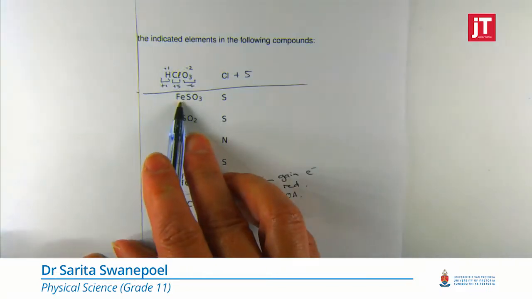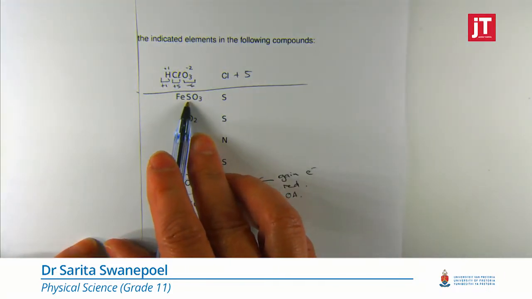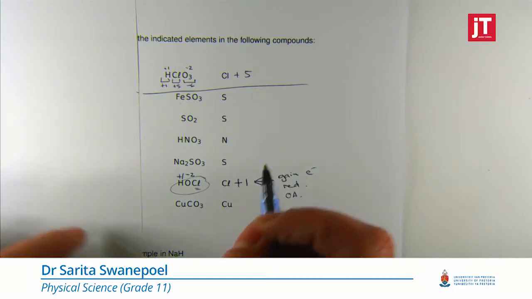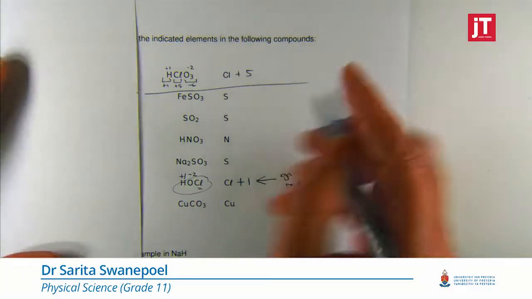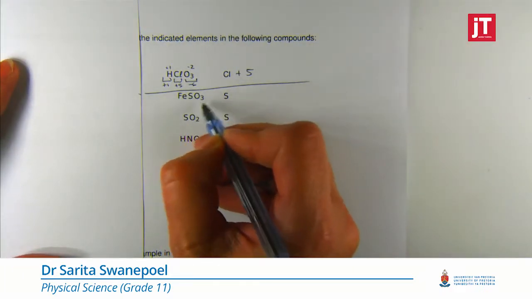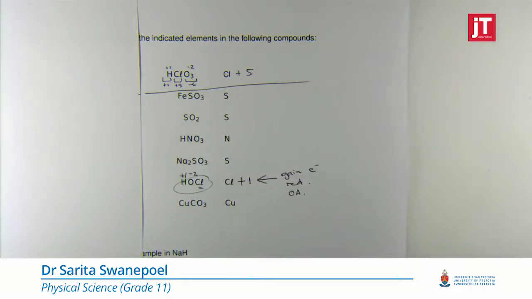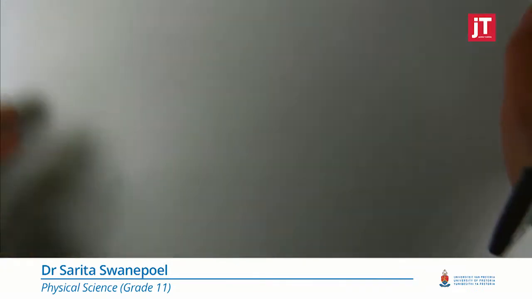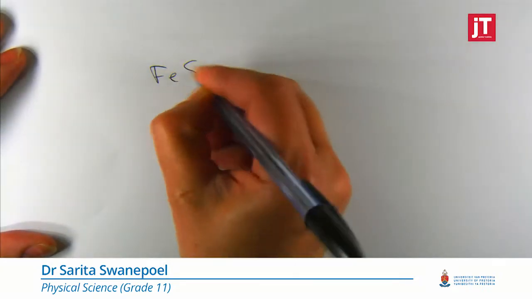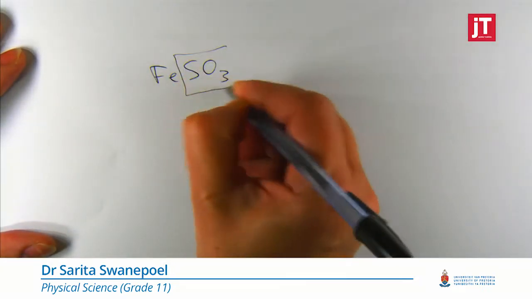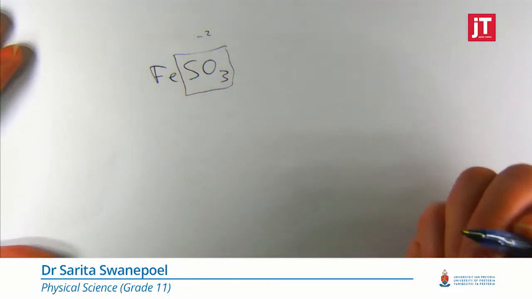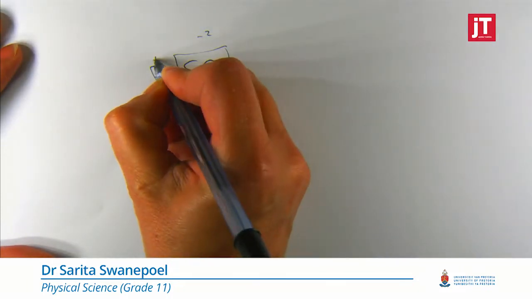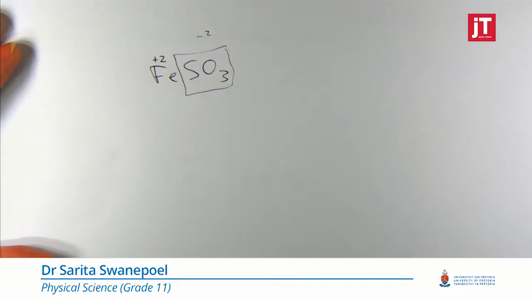I don't know iron and I don't know sulfur. So I've got a problem. Now I think about my ionic table. What do you know about SO3? Sulfite. I hope you know your ionic table. If you look at the sulfite altogether that should be -2. So that gives you that the iron is in the +2 state.